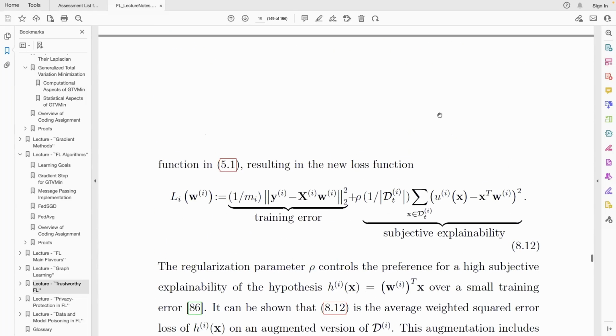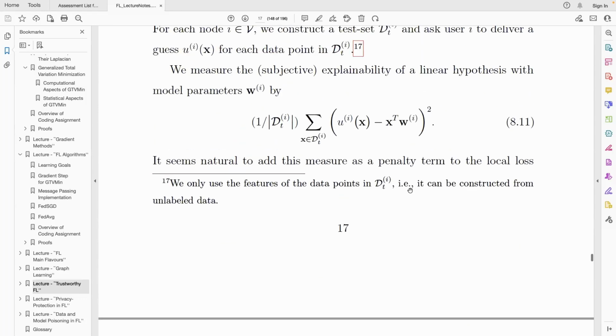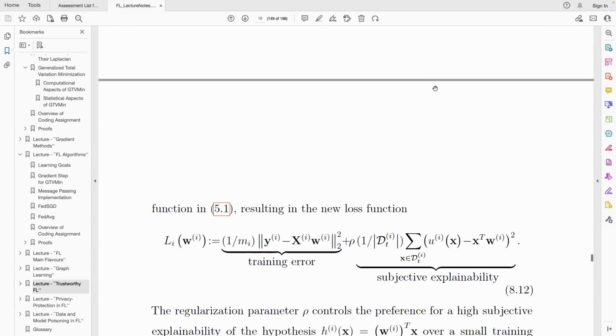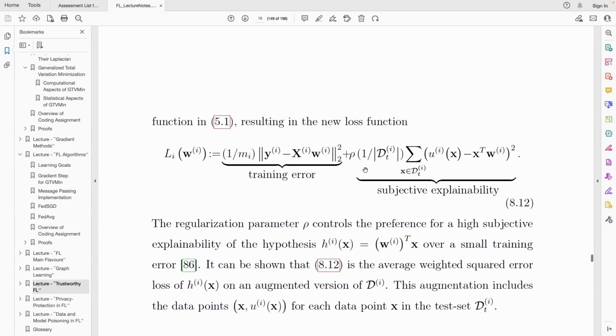Yeah, then let's assume this is a good measure for explainability, or lack of explainability, actually. So if we want to minimize the lack of explainability, we should penalize it by adding it as a regularization term.